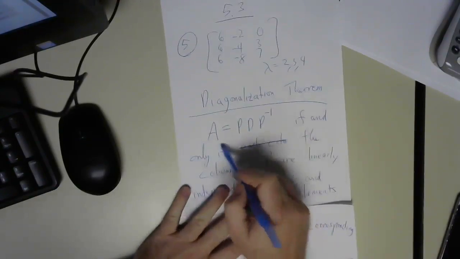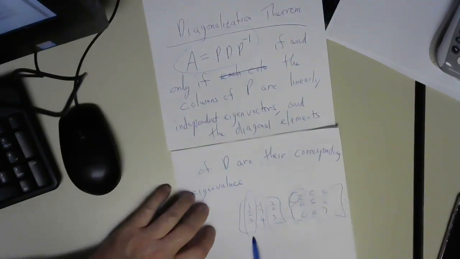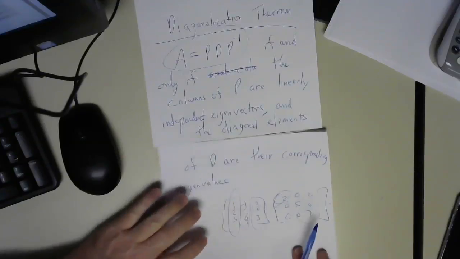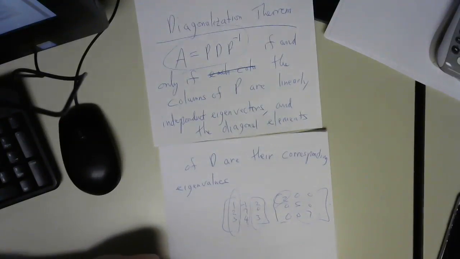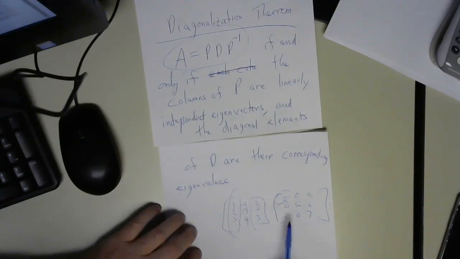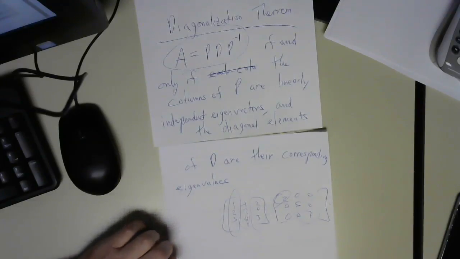So A can always be written in that form if and only if every one of the columns of the first matrix P are eigenvectors, and all 3 of them are linearly independent. If there are n of them, then they're n linearly independent vectors. And every one of these numbers along the diagonal of D is an eigenvalue that corresponds to one of these vectors in order. Okay.